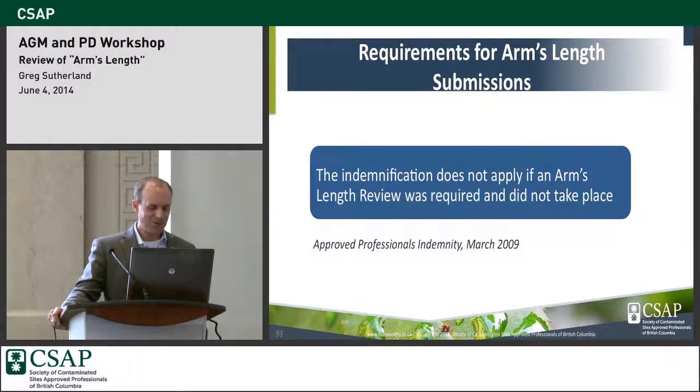But as I learned more about it, and talked to the ministry and some CSAP members to try and get more guidance to provide some firm conclusions in my presentation today, it was made clear to me that this is essentially a contract between the APs and the ministry.